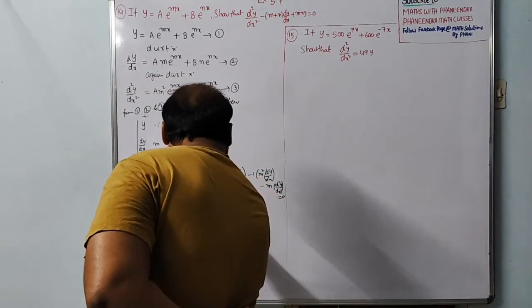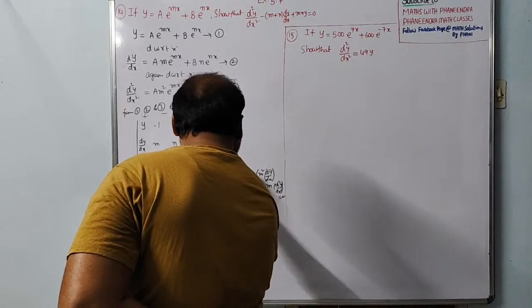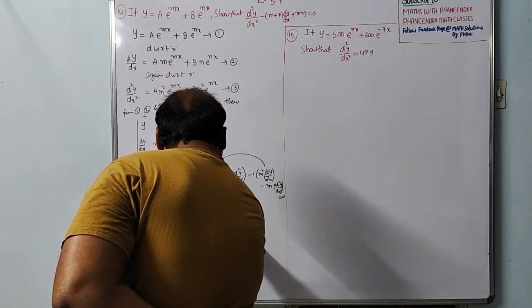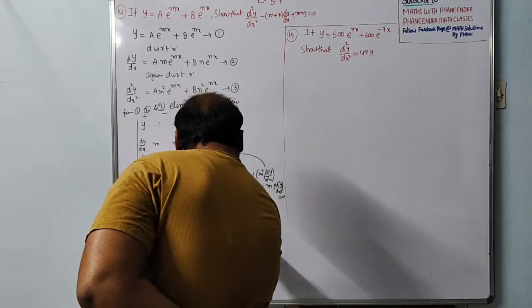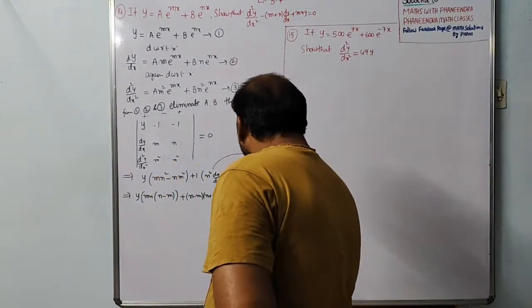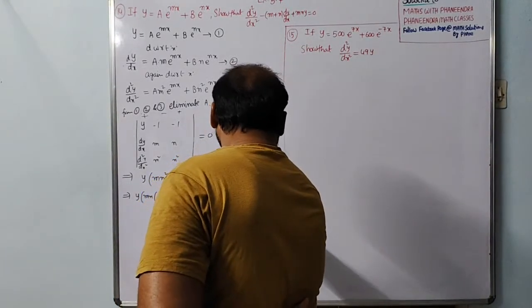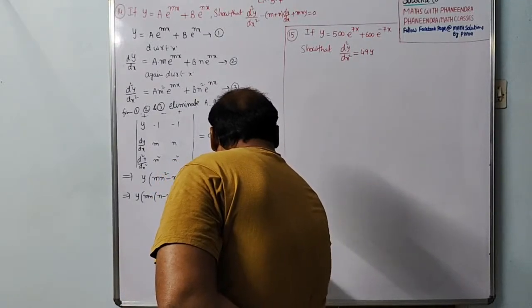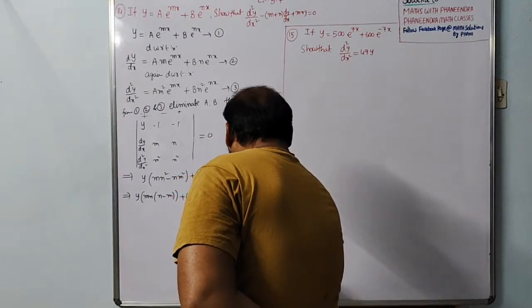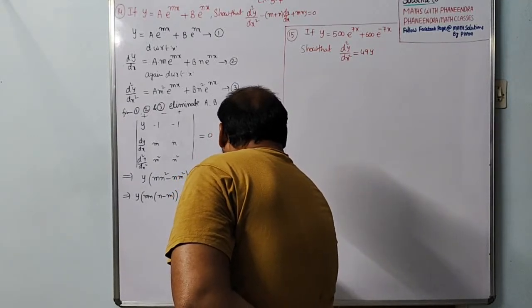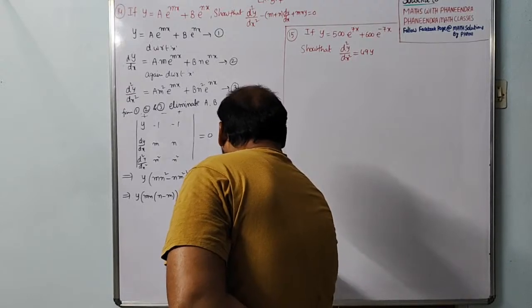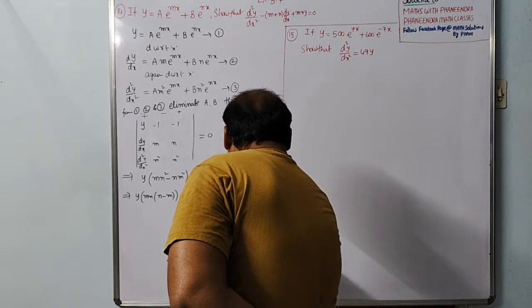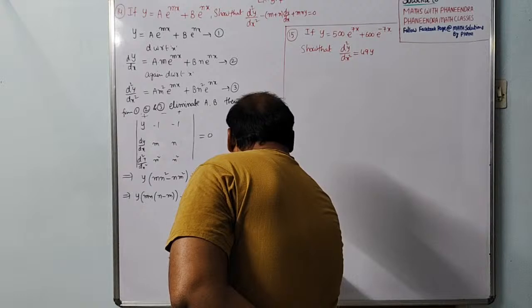In this n square dy by dx minus m square dy by dx, from these two also, n minus m into n plus m into dy by dx. Next, minus into minus plus. Now from these two take common, we will write plus m minus n, m minus n into d square y by dx square equal to 0.